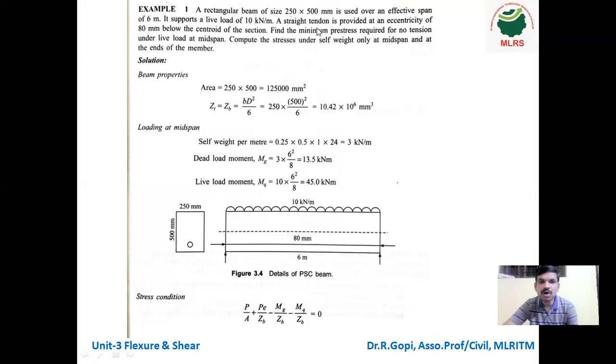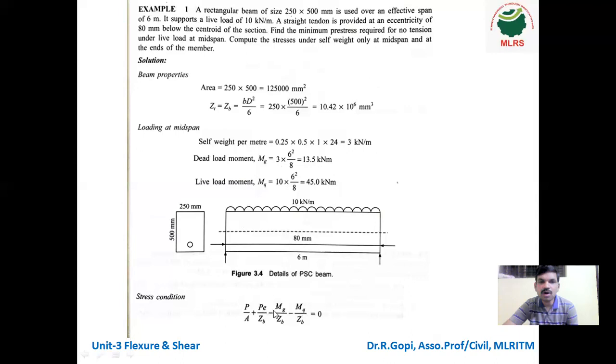And the live load is given in the question, it is 10 kN per meter, so 10 into 6 squared by 8, WL squared by 8, it is 45. So dead load moment is 13.5 kilonewton meter, and live load moment is 45 kilonewton meter. Okay, so next, this is the diagram, and it also shows the eccentricity of the cable.